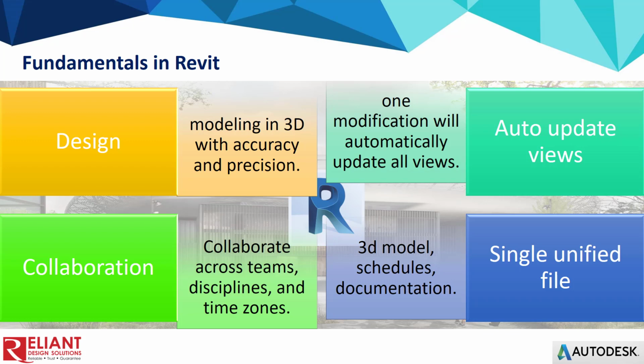The second one we have here is collaboration. Revit enables us to collaborate with multidisciplinary teams that are related to construction building projects, like the architects, engineers, and project teams, wherever their locations are.